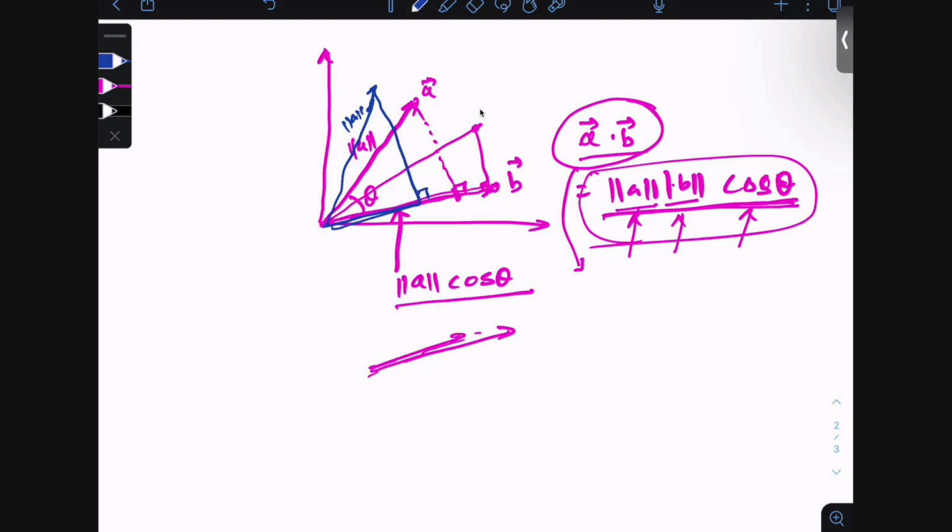The length of the projection, norm A cos theta, will be smaller. That means this particular vector is less similar to B than this particular vector. So this is A, and let's say this is A prime. So A prime and B are less similar than A and B. This is the whole concept of cosine similarity.